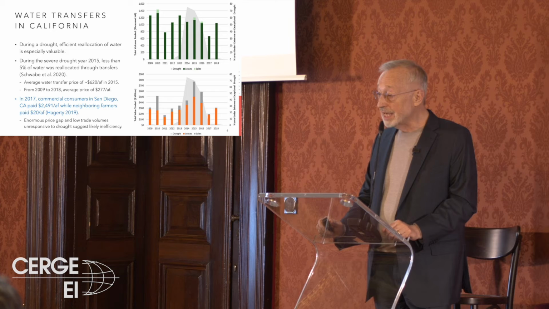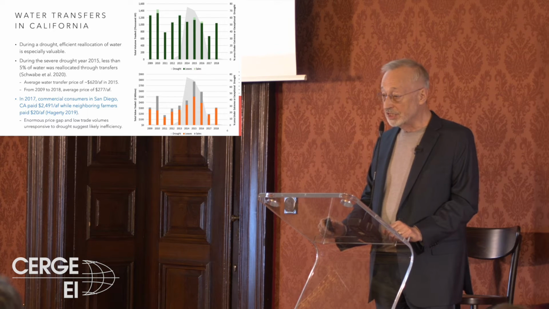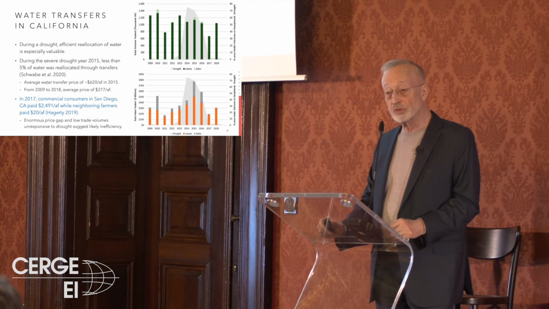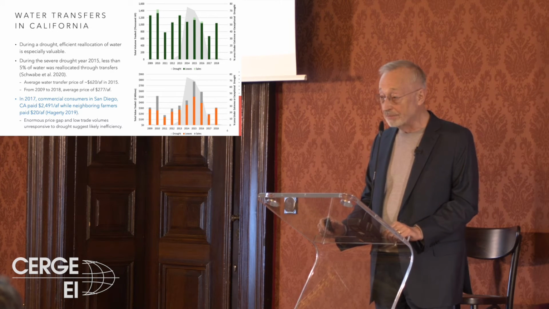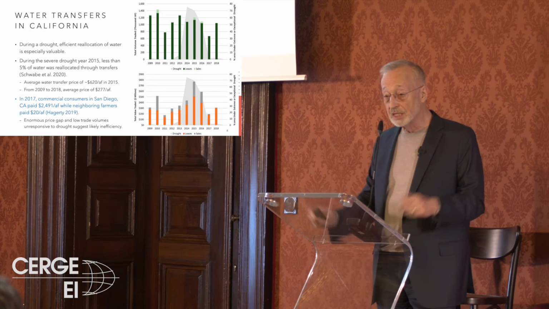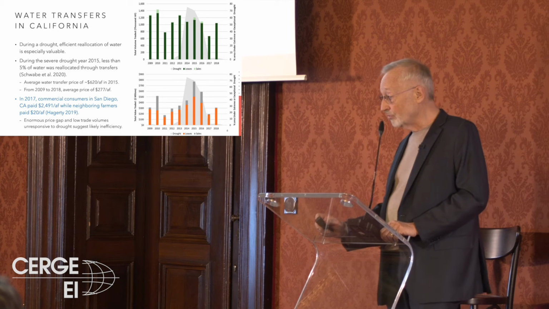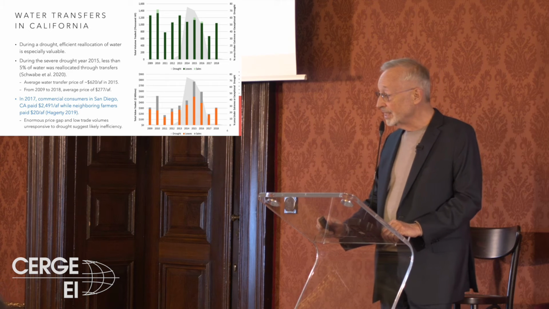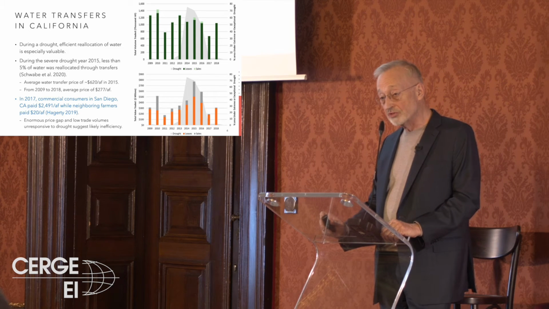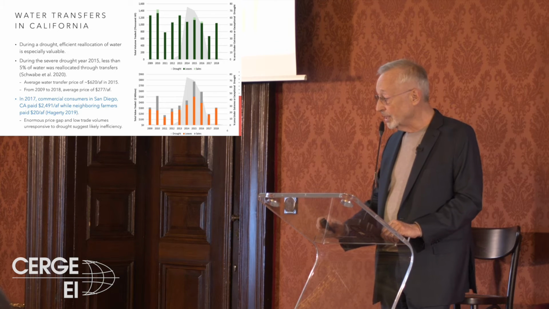What you would expect to happen in a drought year is, for example, alfalfa growers would let some of their fields lie fallow that year. It's an annual crop. They can skip a year and pick it up the next year, and you'd expect water to be reallocated in that sort of way. During the severe drought year of 2015, less than 5% of water was reallocated through water transfers, which is a pretty tiny amount.